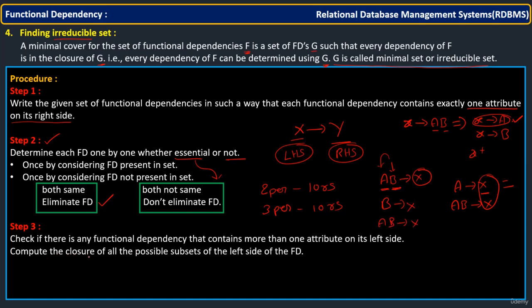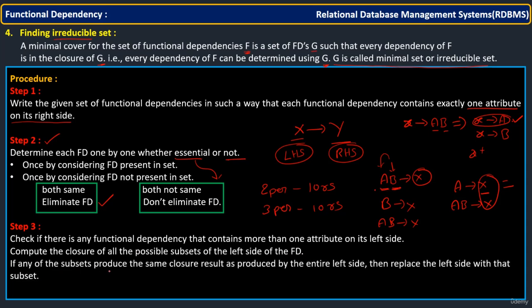So compute the closure of all possible subsets of the left hand side. A is one subset, B is one subset, AB is another subset. If any subset produces the same closure result as produced by the entire left side, then replace the left side with that subset. For example, in this case A gives the same result, but B gives different results.